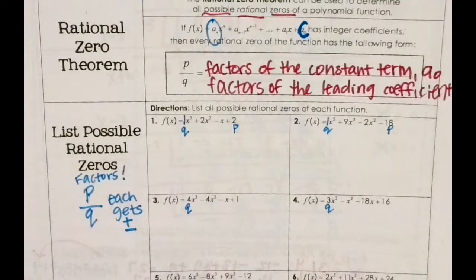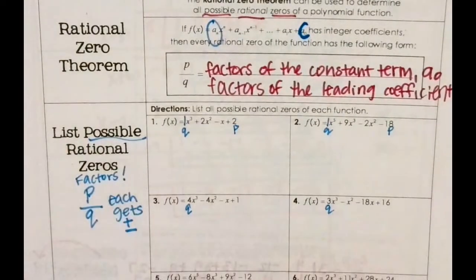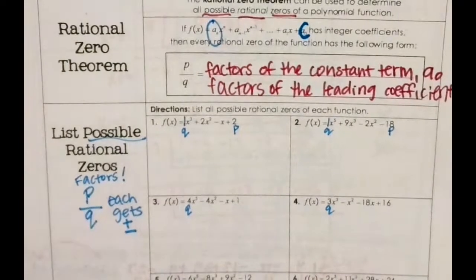So we're just listing all the possible ones. We're not saying yet that those will be factors, but we've got to list all the possibilities, because if you don't, you could have any number ever as a possibility. As we go on in the chapter, it'll probably make sense why we're doing this.